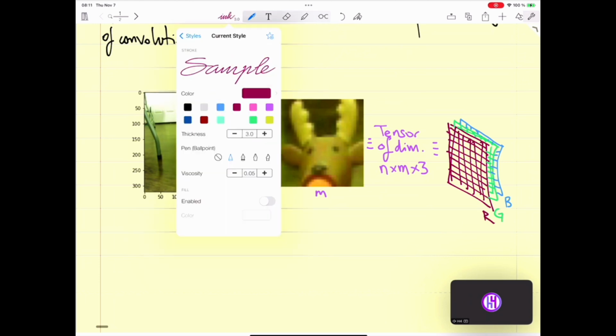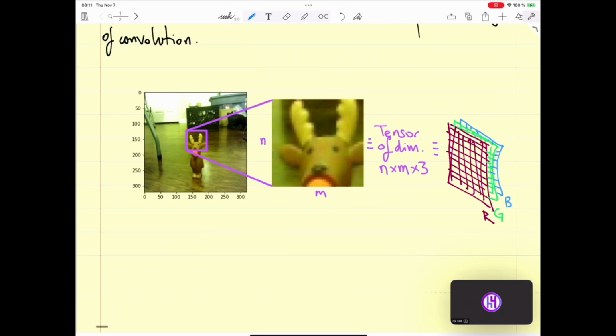So those are the 3 dimensions that we have: 3, and then N and M, or M and N. That's why, in reality, it's like a cube. We see only the color image, but in reality it's a cube, 3 layers.